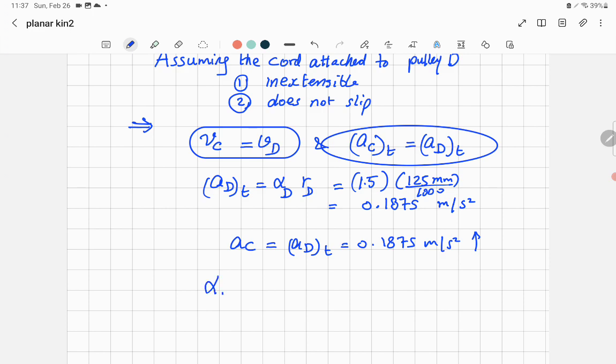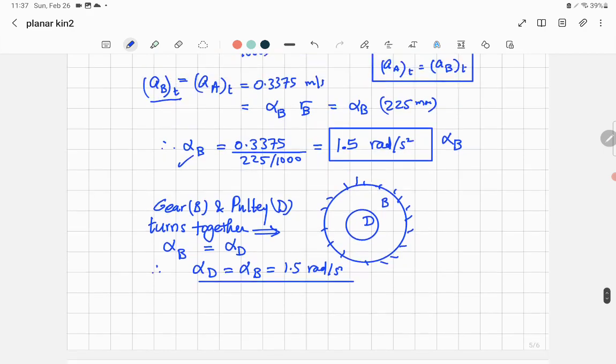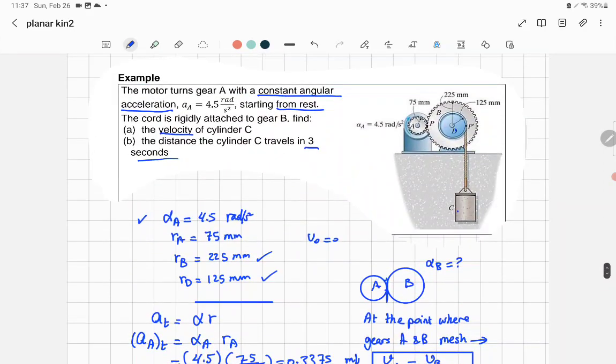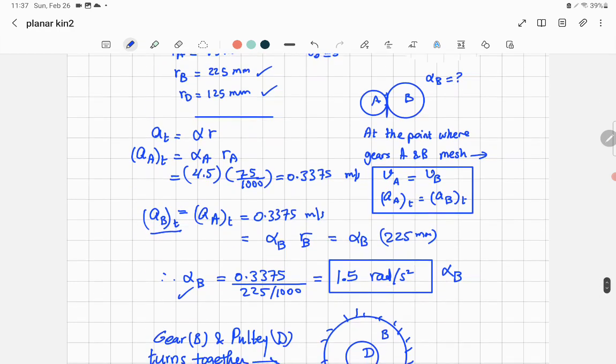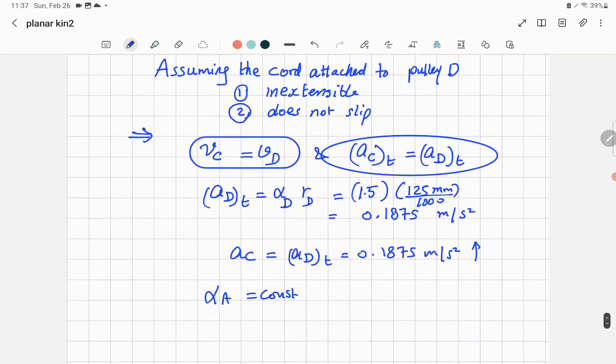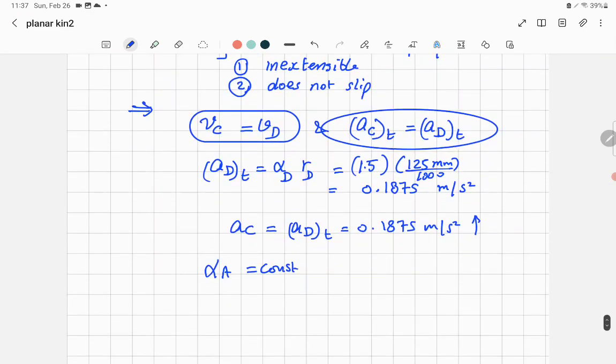Since alpha A is constant, remember, that was mentioned as constant. Let me refresh your memory: the motor turns gear A with a constant angular acceleration. So alpha A is constant, so the acceleration is constant, so the angular acceleration of D and C is also constant. They are all connected.